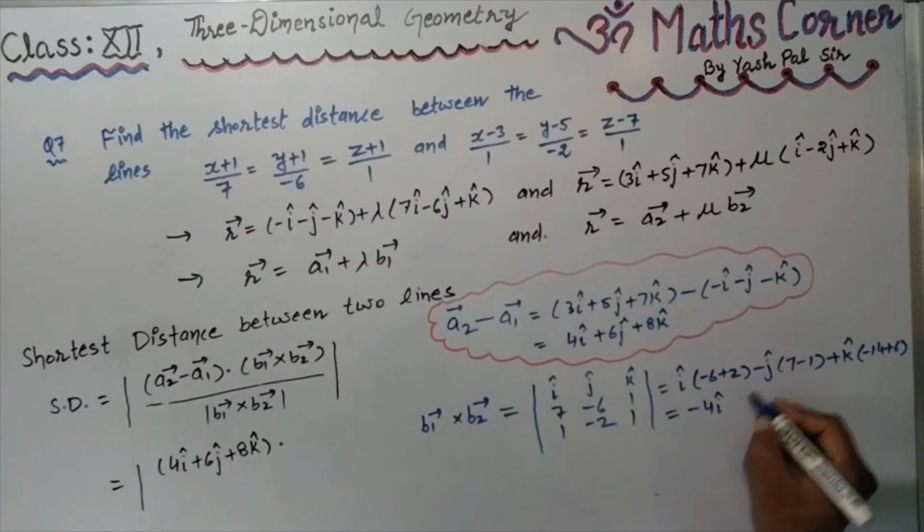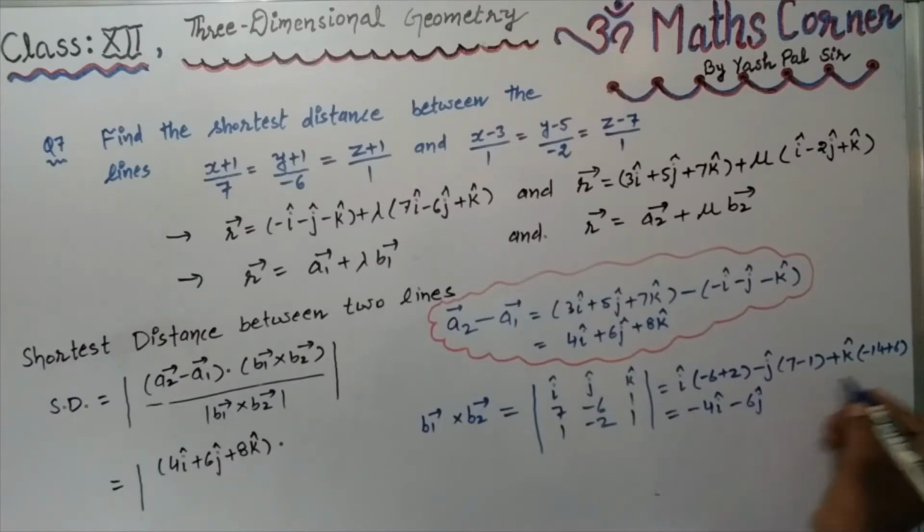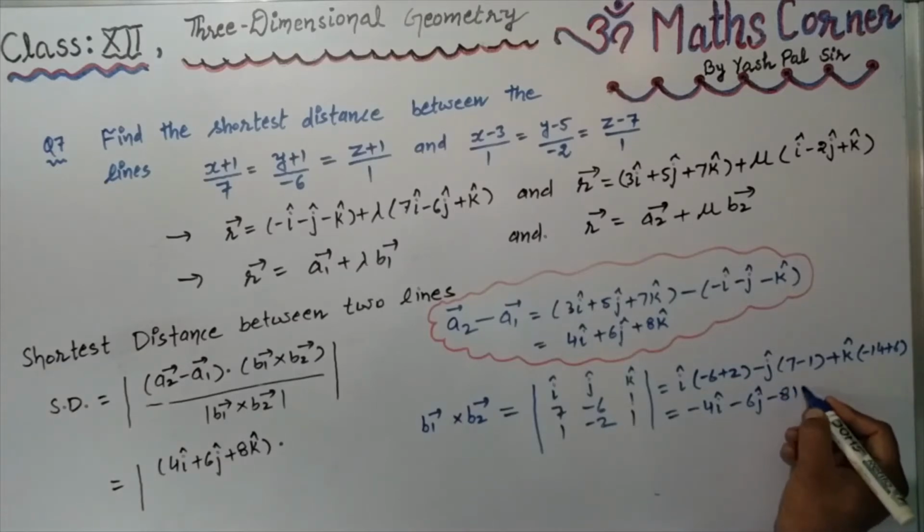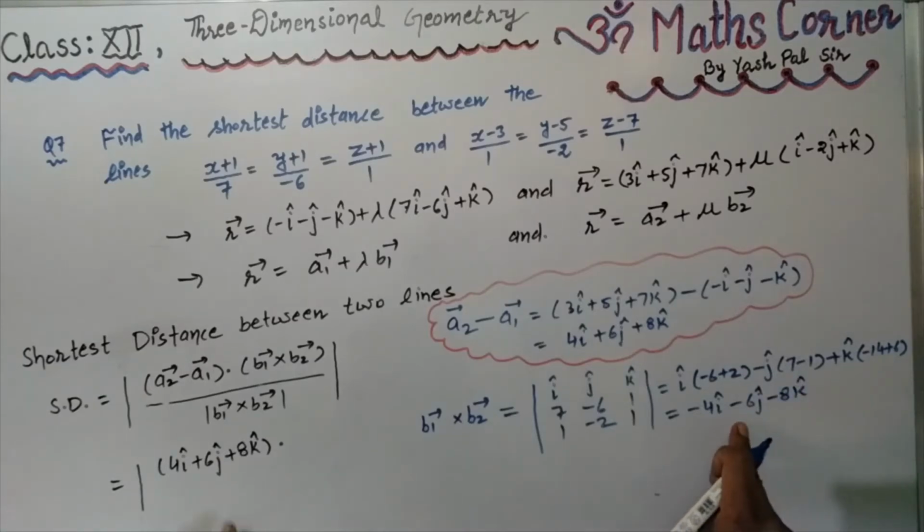So this becomes minus 4i, minus 6j, minus 8k.